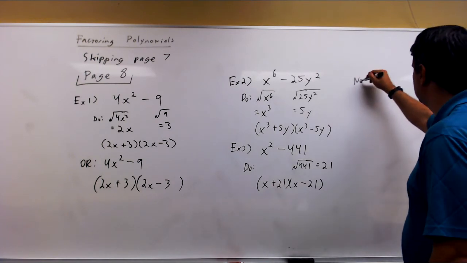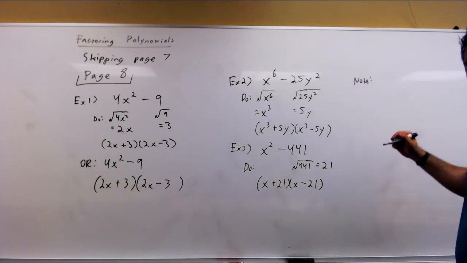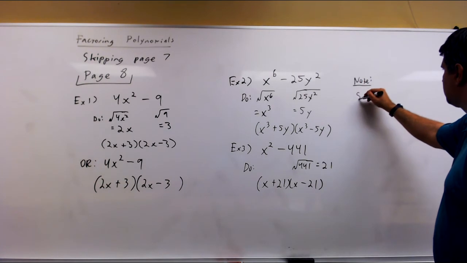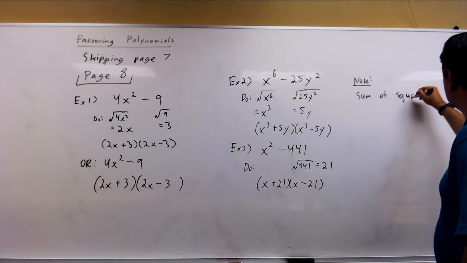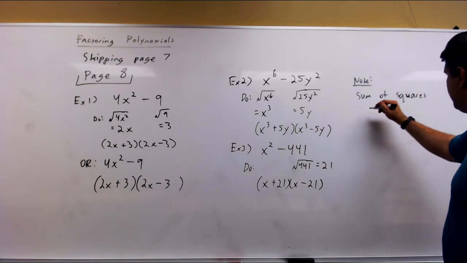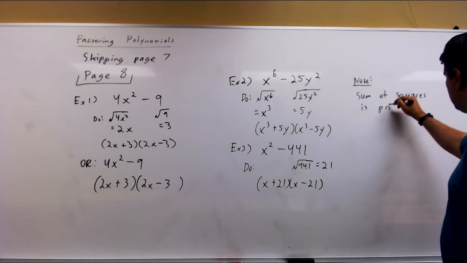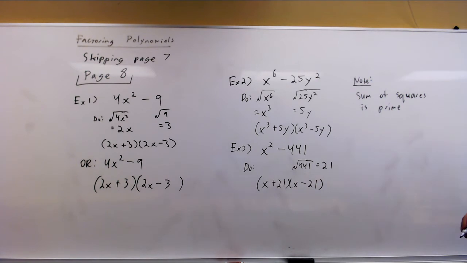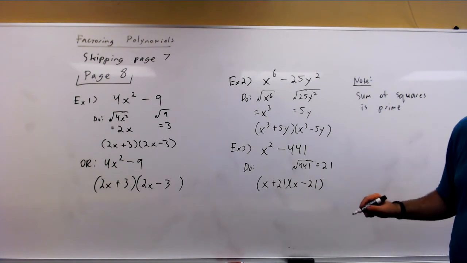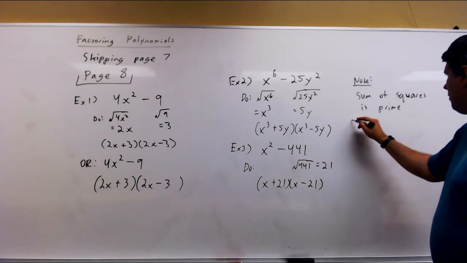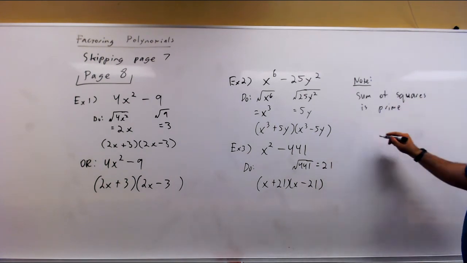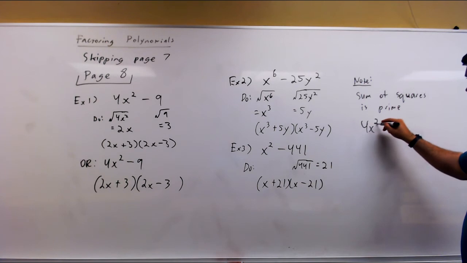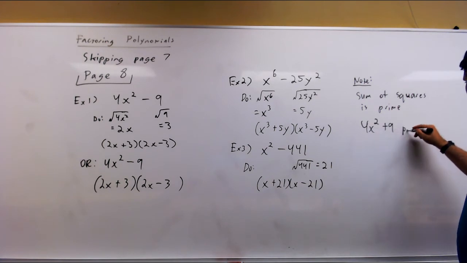Note: sum of squares is prime. So by comparison, 4x squared plus 9 is prime.